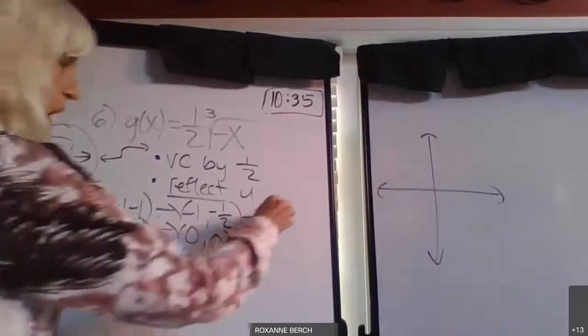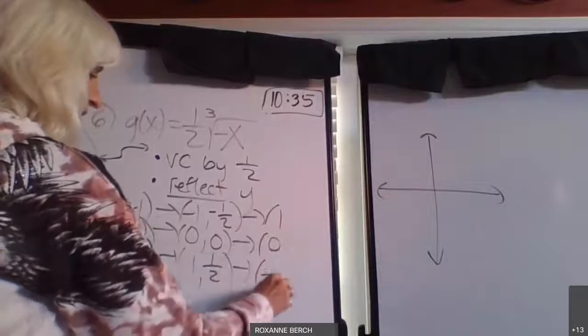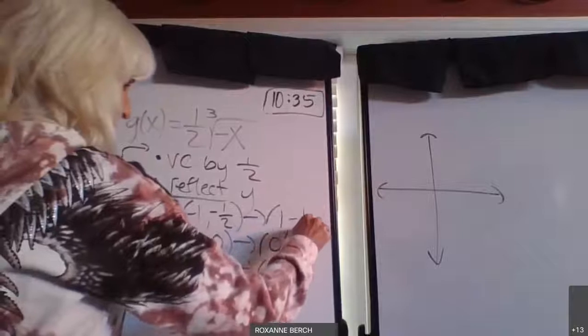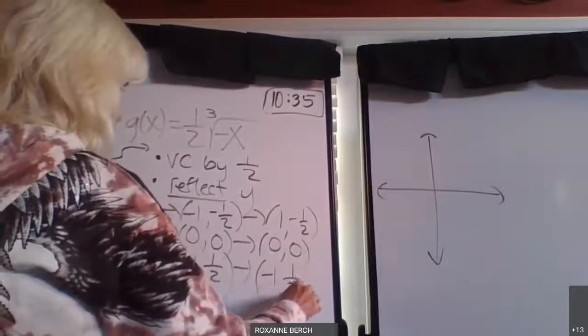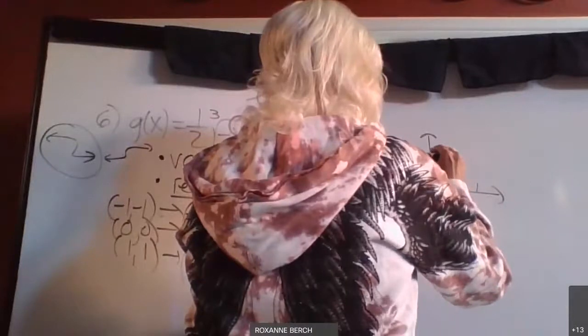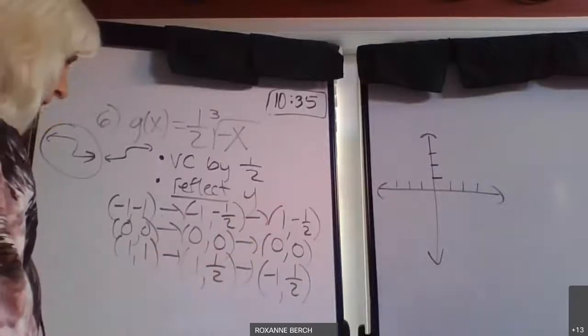So now you reflect y, which means negate the x. So negate the x, negate the x, negate the x. So what are your points now? Somebody read them off. It's -1/2, 1, 1, -1/2, and then 0, 0. -1, up 1/2, 0, 0, right 1, down 1/2, right?